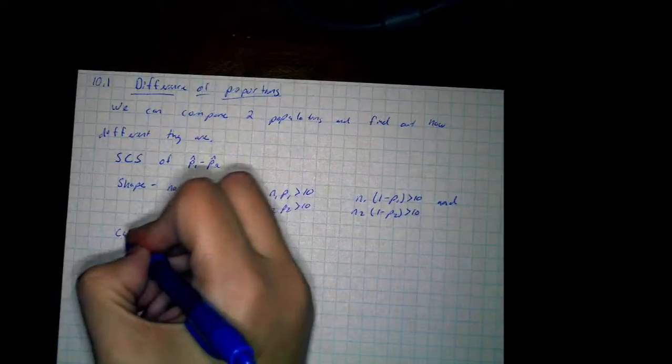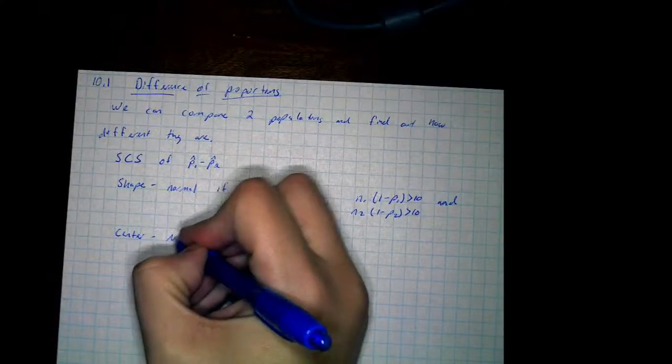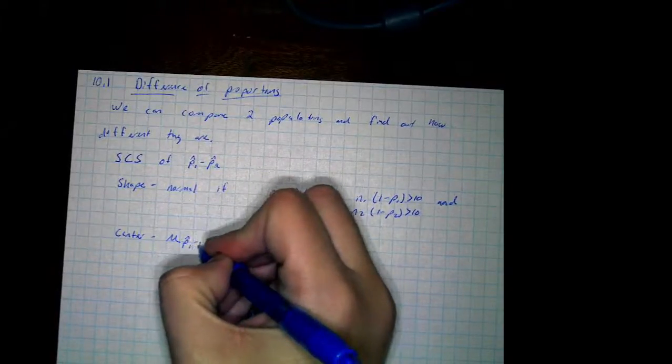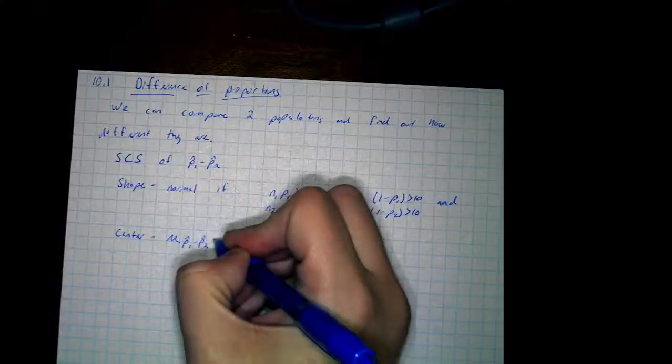Your center. Super easy. The average p hat 1 minus p hat 2 is going to be p1 minus p2. Surprise!